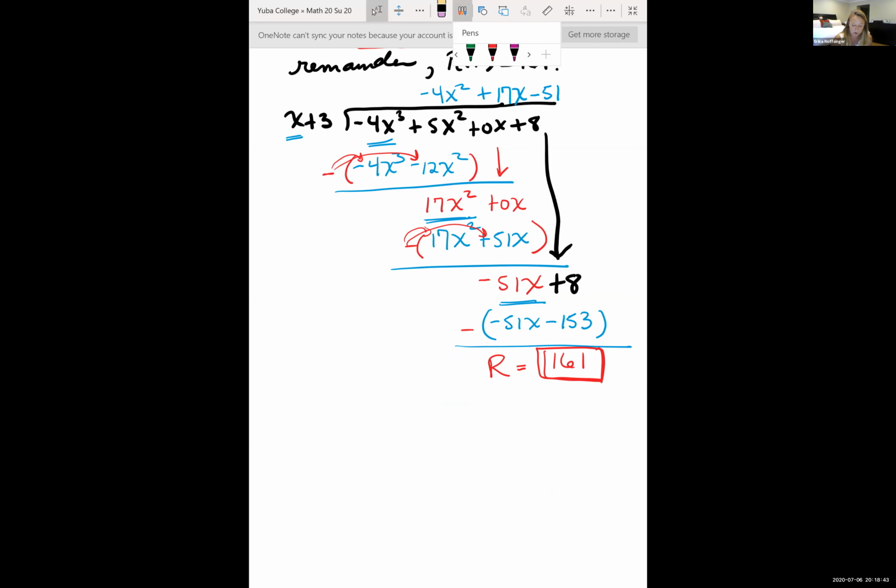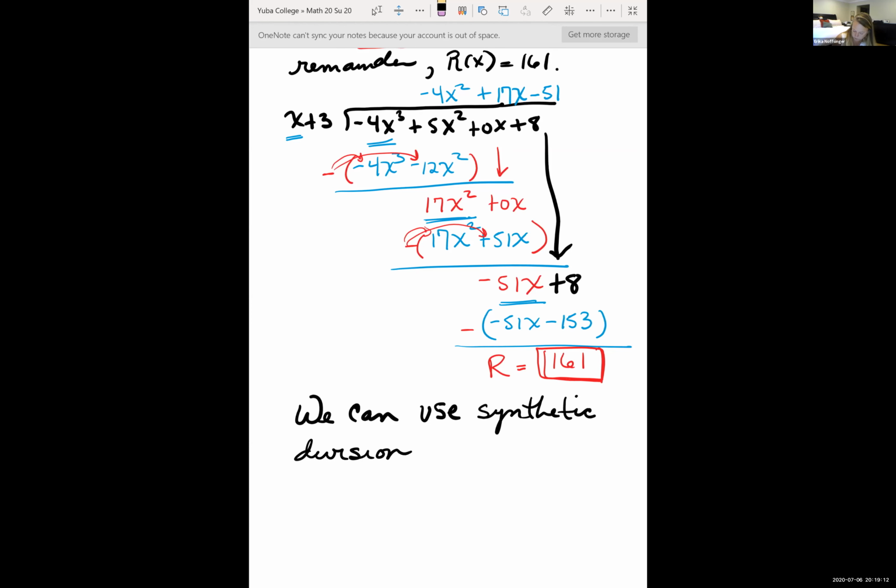And so notice in that form, the coefficient in front of x is positive 1. Okay, so we can use synthetic division when our divisor is in the form x minus c.